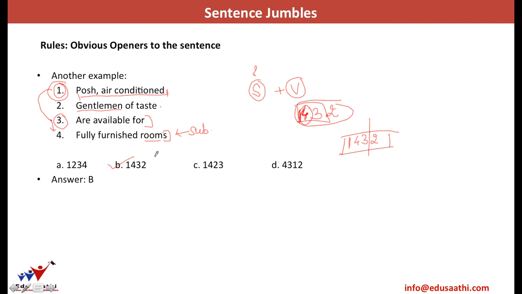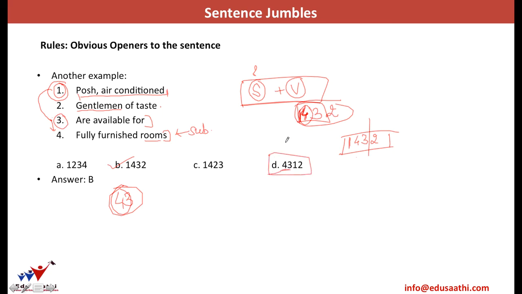Another way you can approach the same question is by making the mandatory pairs. Here we can see that the structure of the sentence played a very crucial role in determining the correct answer. You might have thought, while answering, that you found the subject in 4, so the subject is 4, and the verb has to follow the subject, so it is 4 3, and that is the answer.